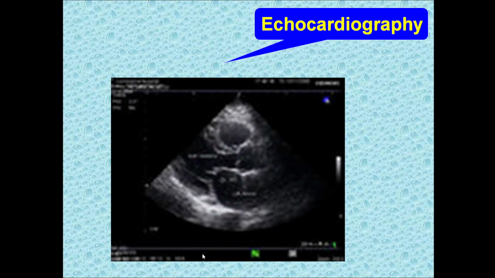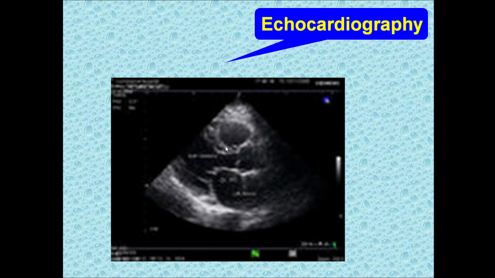Echocardiography shows unclosed aortic valve, which explains regurgitated blood flow into the left ventricle, and you see normal blood flow from the left atrium and abnormal through the unclosed aortic valve.